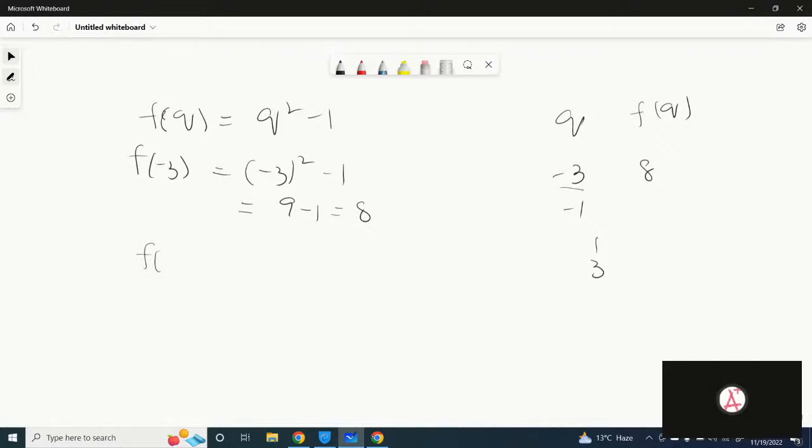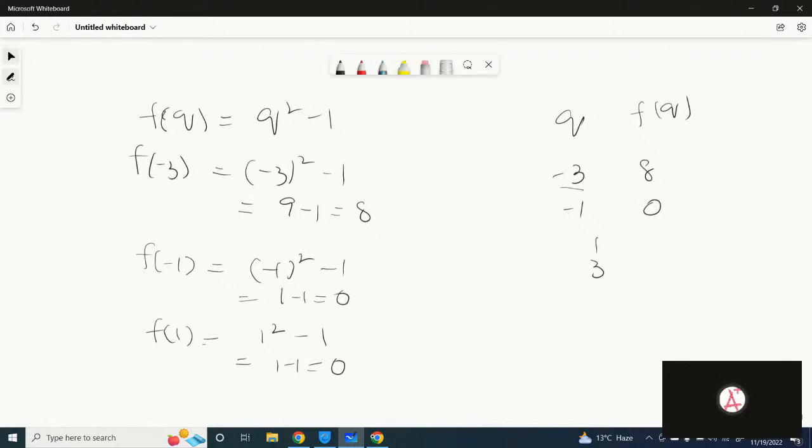F of -1 must be -1 square minus 1. 1 square is 1, 1 minus 1 is 0. That means when q is -1, f of q is 0. When q equals 1, it would be 1 square minus 1, which is 0.